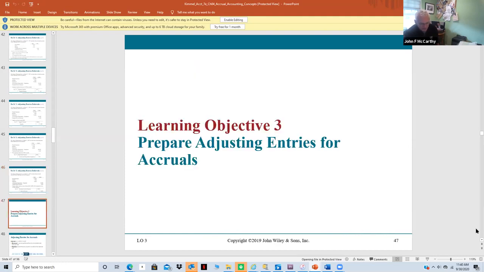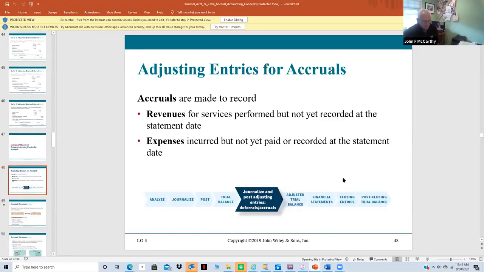Those are examples of what we covered. And we're going to go on to adjusting entries for accruals. And accruals, here's what an accrual is. You have revenue accruals and expense accruals. In revenue accruals, we have performed the service, but we haven't recorded it in our accounts, in our records.